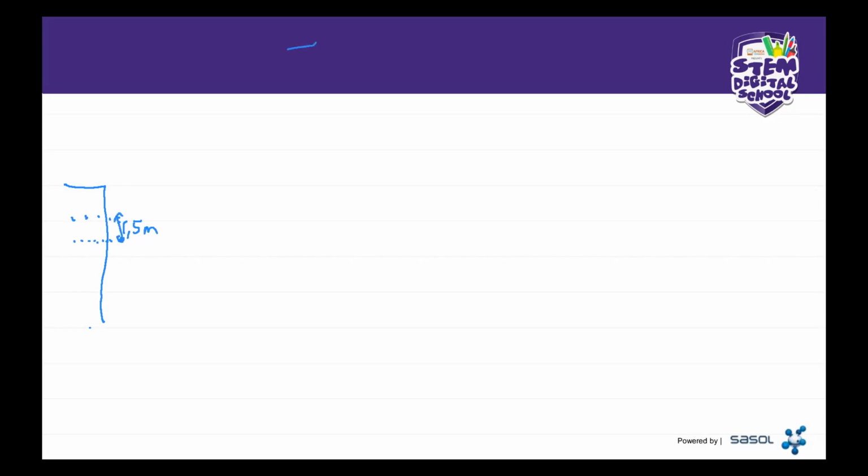And we still have our stone that has fallen down. And our y1 is going to be from here to here. And this is going to be our y1. Okay. Do you see where y1 comes from? From the top of the window to all the way down.